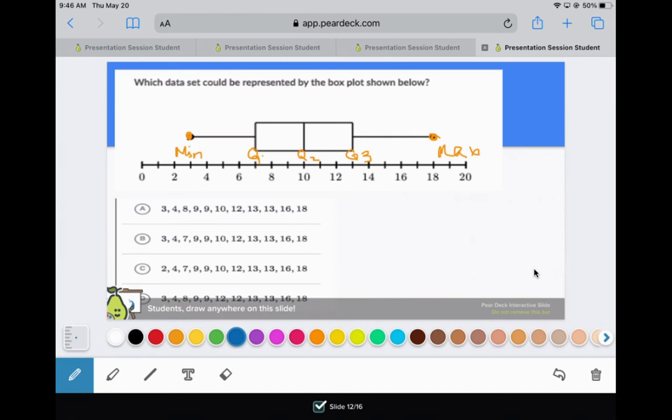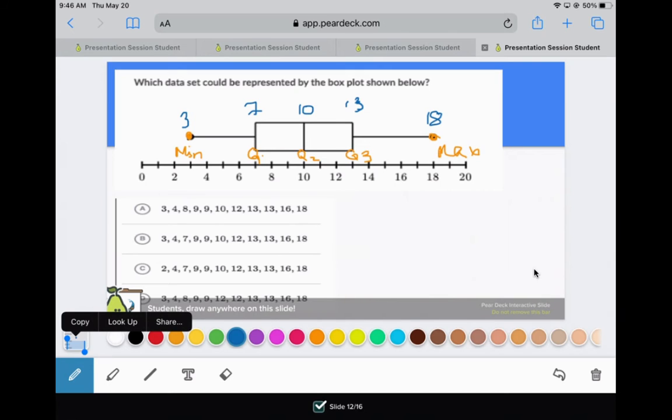The minimum in this case is 3. Q1 right here, this line is between 6 and 8, so that will be 7. Q2 is 10, Q3 is 13, and then the max would be 18. With the numbers that I just listed out, I got the minimum, Q1, Q2, Q3, and the max.